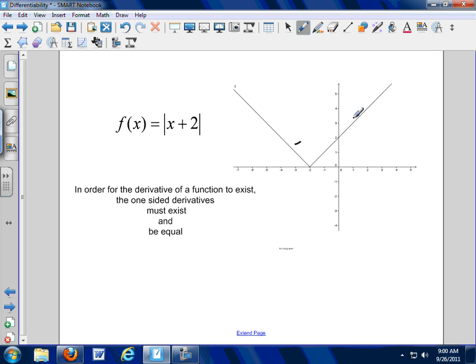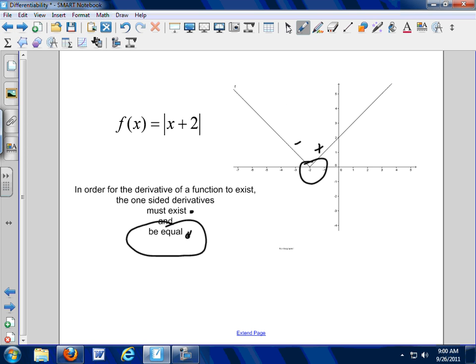As I approach from this direction, it looks like I've got a positive slope, a positive derivative. Is it possible that right here those two derivatives could be equal? A negative number and a positive number? I think not. They do exist, but they're not equal in this case.